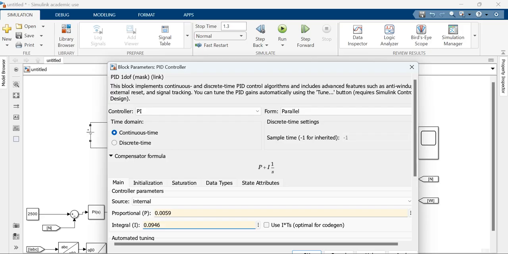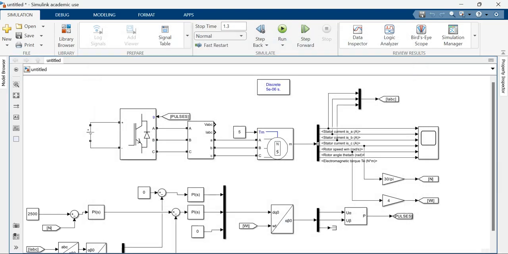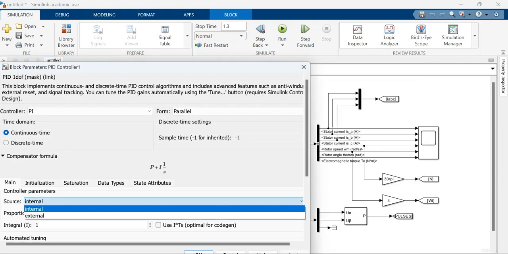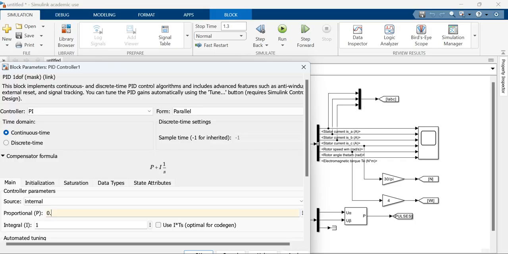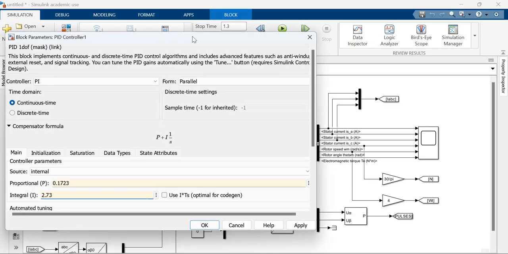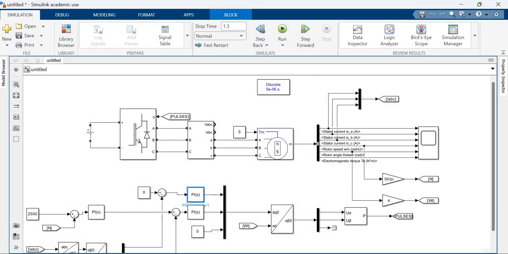This is speed PI controller, and this ID PI controller is 0.1723 and 2.73. This ID PI controller and the IQ PI controller both are same, so I just copy it and put it here. Both are same. Values are same.